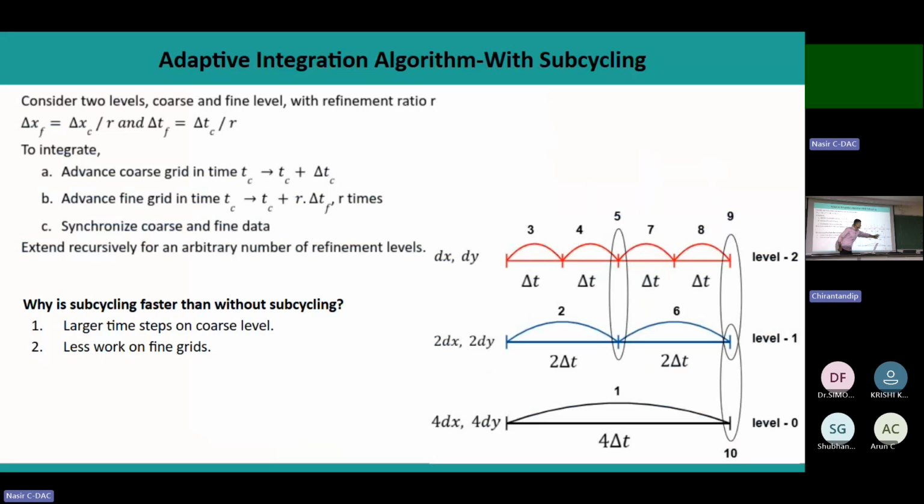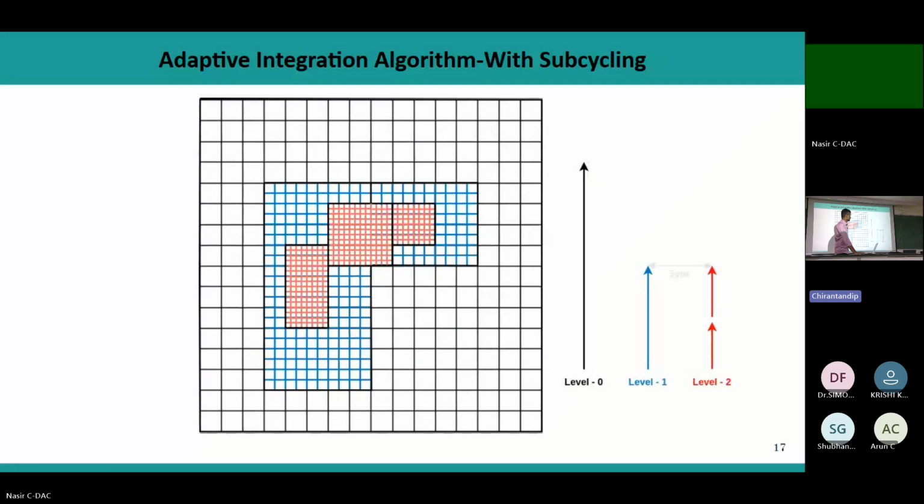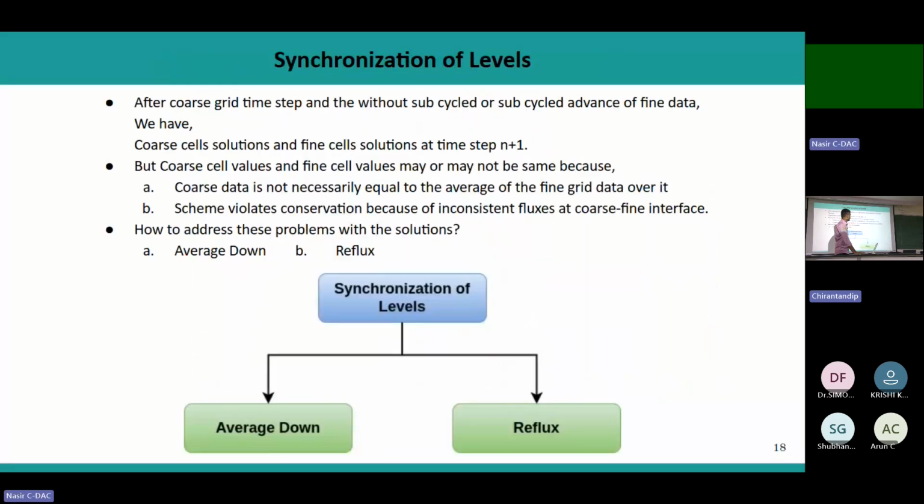Follow that algorithm. This is the synchronization. Maybe you're missing some element.